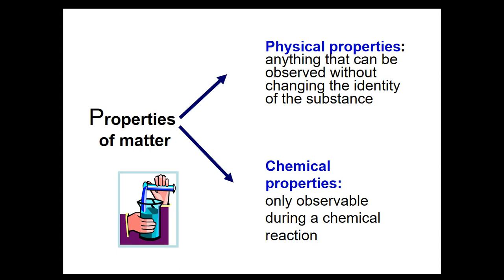Chemical properties we're only going to be able to observe during a chemical reaction. So a chemical property would be something like flammability. We can only test flammability by actually trying to catch it on fire. So we'd have to perform or try to perform a chemical reaction to test that. That means it's a chemical property.